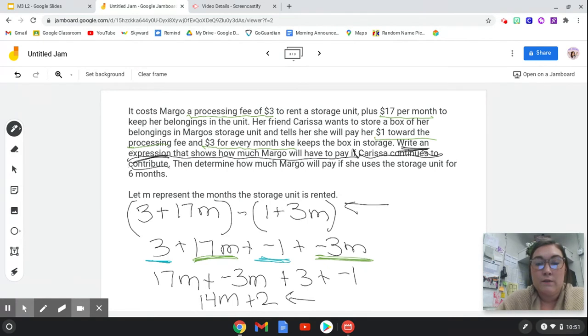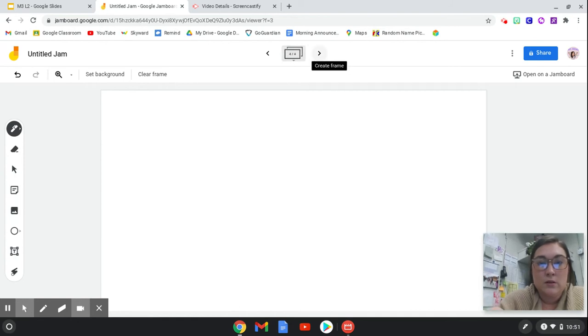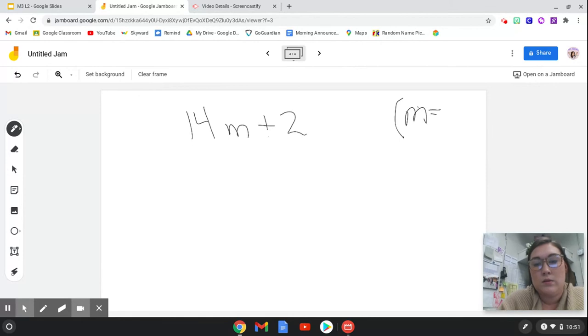So now we're not done, because it says then determine how much Margot will pay if she uses the storage unit for 6 months. m is the number of months. So I'm going to plug 6 into my expression. So I have 14m plus 2 and m equals 6. So 14 times 6 plus 2.